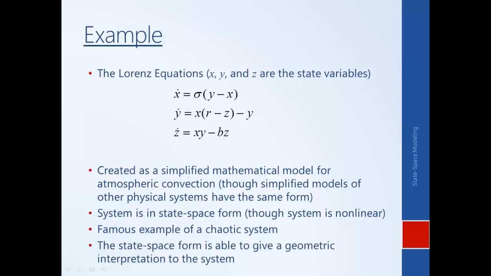Representing the system in state space form, however, gives you a geometric interpretation of the system that can help give you insight. And so this is where the name state space comes from. So what you can do is imagine, in this case, we have a system represented by three state variables. And so you can imagine a space with three axes, an x, y, and z axis. And you can look at how the system moves through this state space.